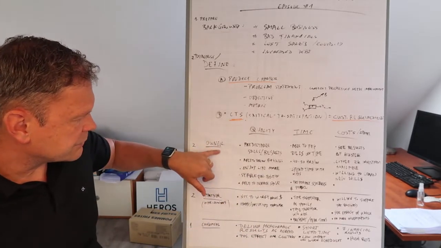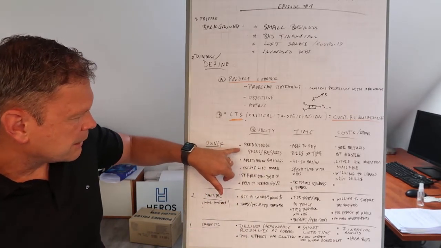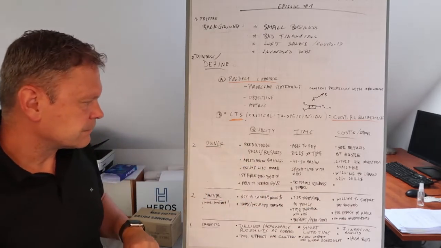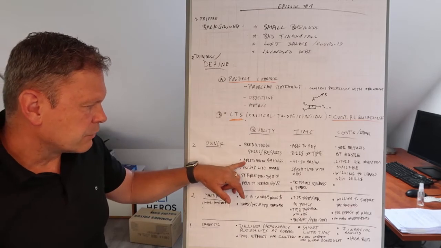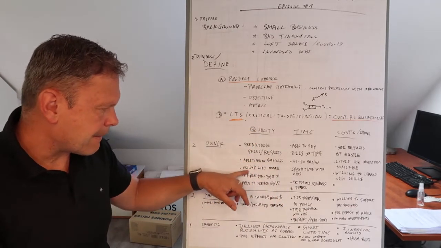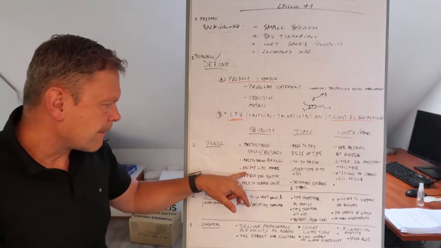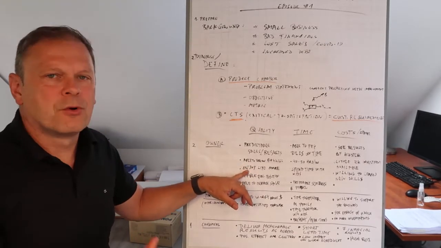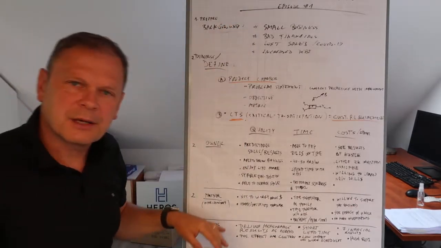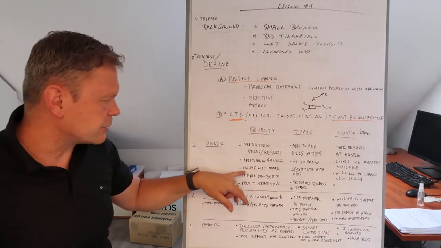So the perfect picture says, I am the owner and I would like to have predictable sales and predictable results. I would like to be able to grow my business and have the quality to do that. I want to enjoy life more because I'm not enjoying it due to my financial situation.